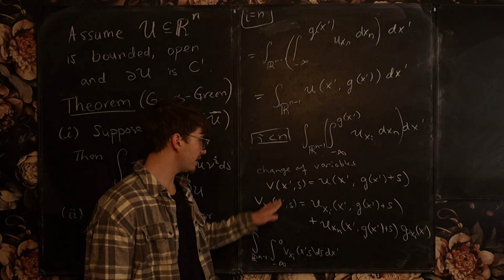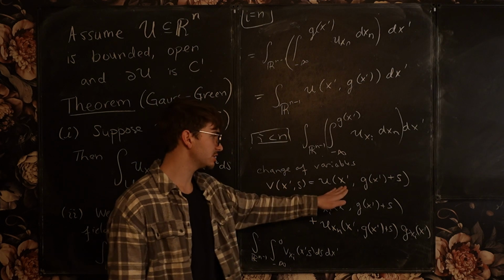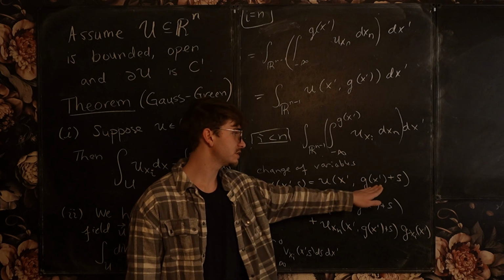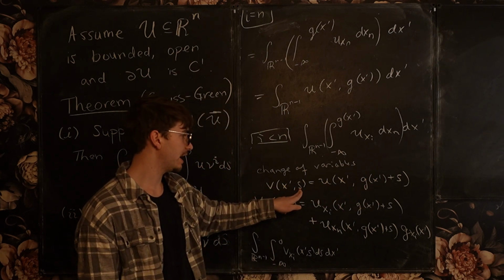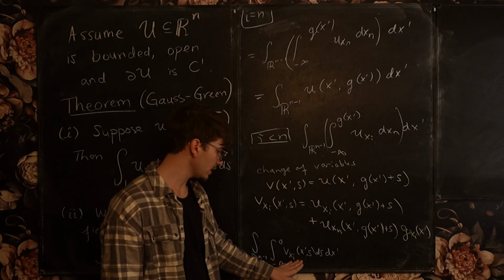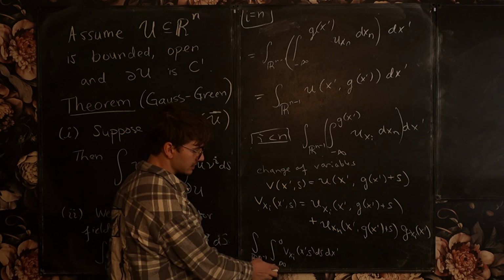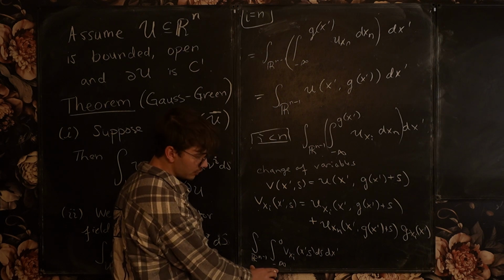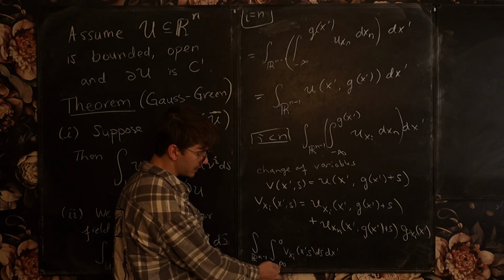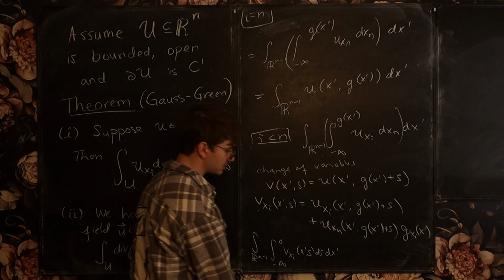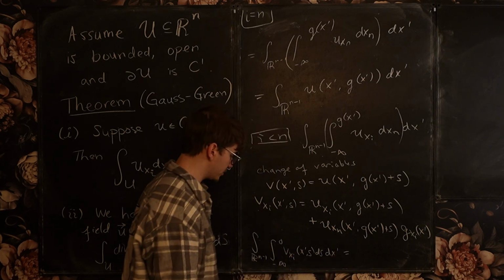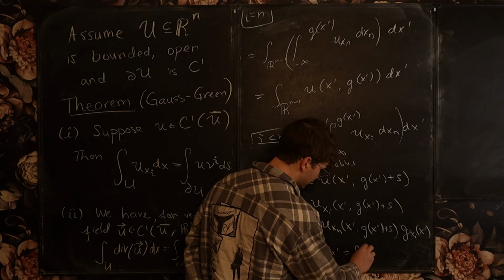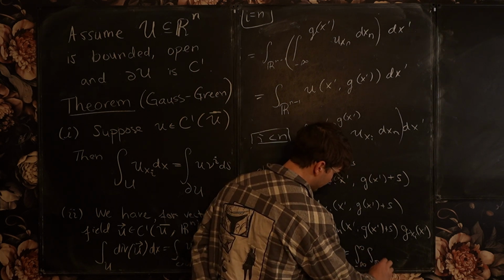By definition, v has compact support since u has compact support, so this is going to have compact support in s and x prime. And the bounds of integration are constant now. So I can use Fubini's theorem to interchange the order of integration and integrate this expression with respect to xi first. So let's do that: negative infinity to 0, integral over Rn minus 1, v of xi, dx prime ds.